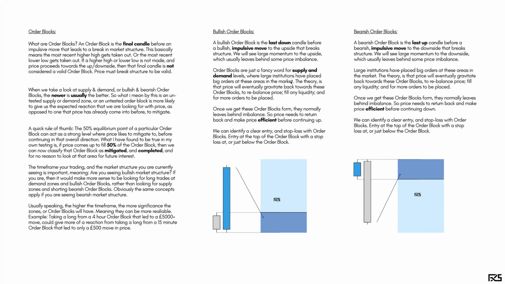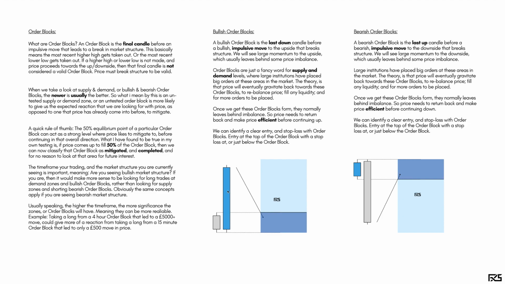So again, the theory is price will eventually gravitate back towards these order blocks to rebalance any of this liquidity or imbalance left, for more orders to be placed, and then for price to continue to the upside. Now, what we can do with these order blocks is we can set an entry.